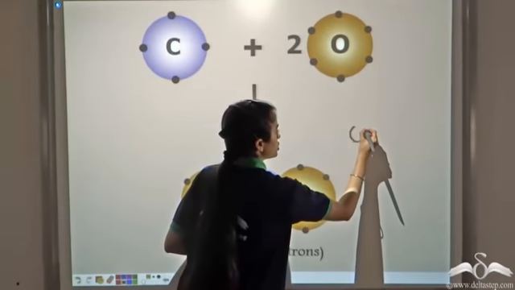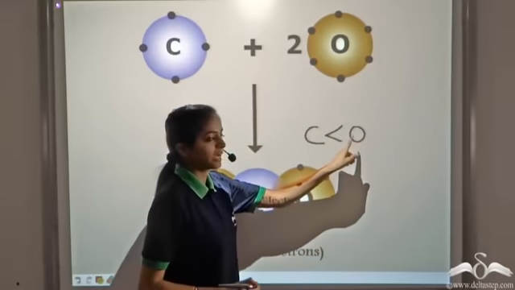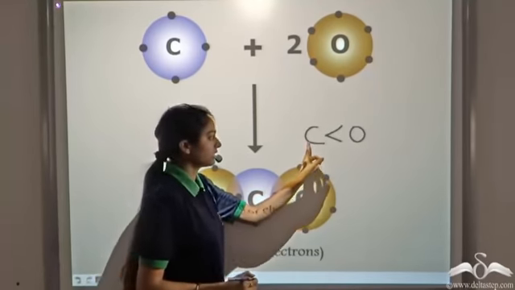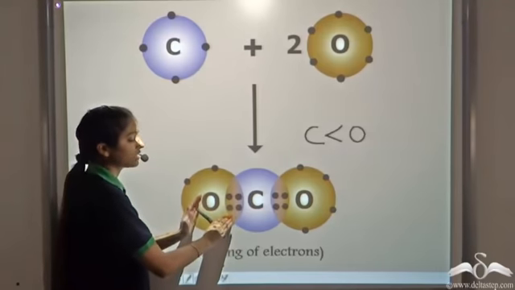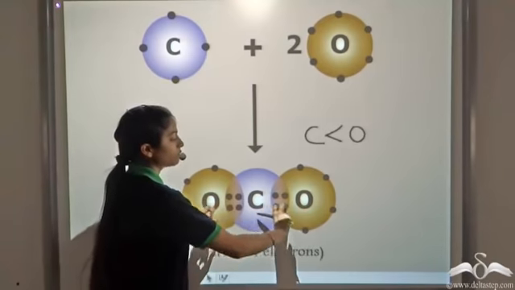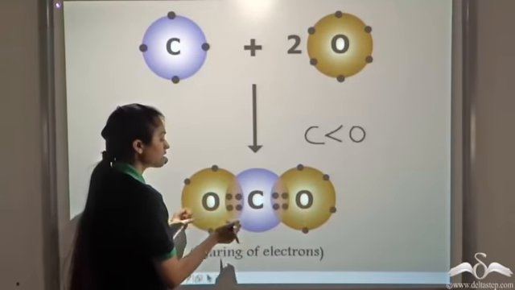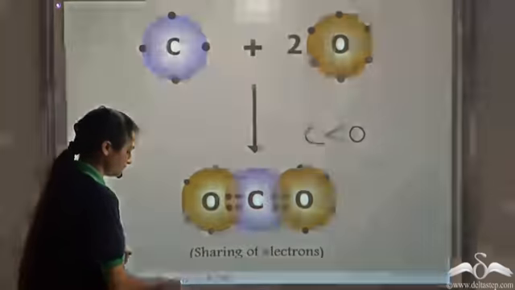So the electronegativity of oxygen is greater than carbon, as oxygen lies towards the right in the periodic table, and so oxygen is able to attract or pull these electrons more towards itself. So both these oxygen atoms pull the electrons more towards themselves, and so oxygen is more electronegative than carbon.